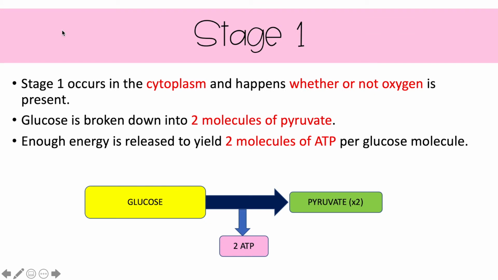Okay, so now we're going to talk about the chemistry of respiration. The chemical energy stored in glucose is released by all cells in a series of enzyme-controlled reactions known as respiration. And respiration takes place in several stages. The first stage always occurs in the cytoplasm, but the further stages are dependent on whether or not oxygen is available.